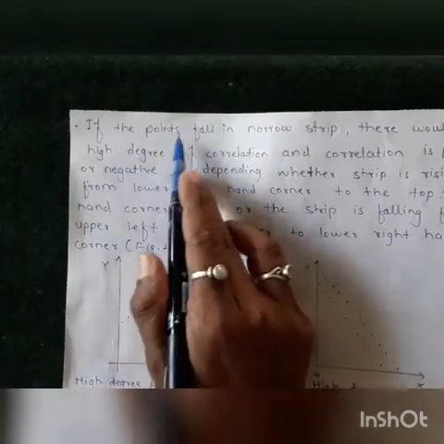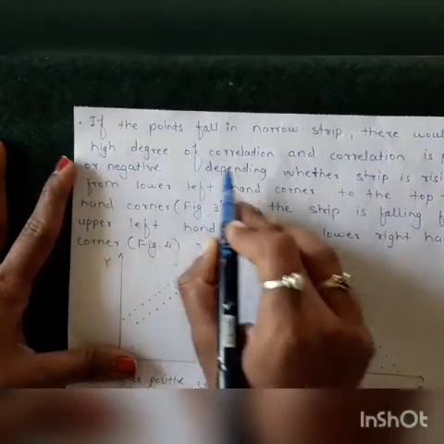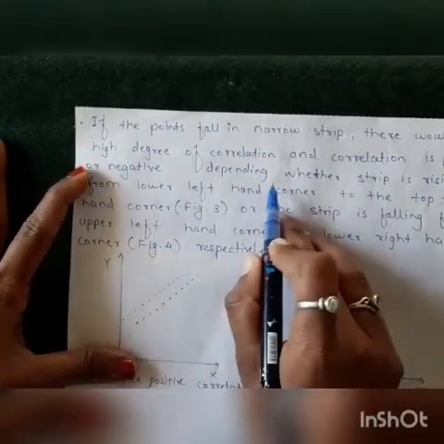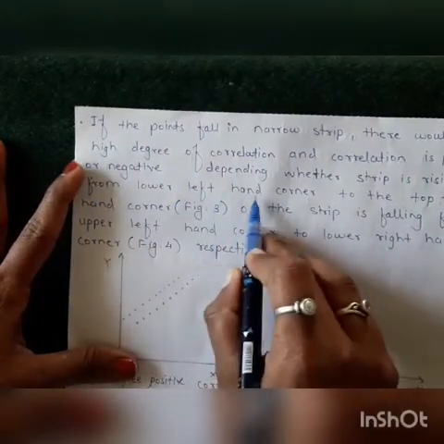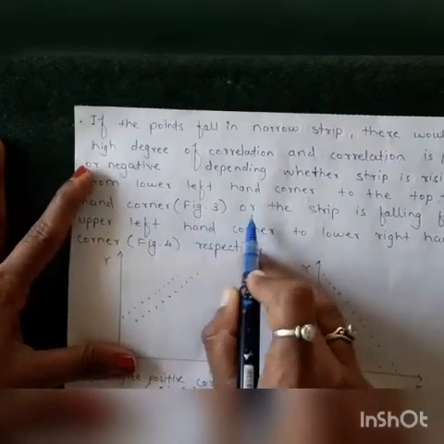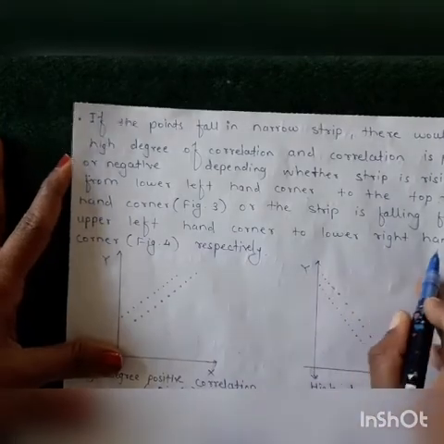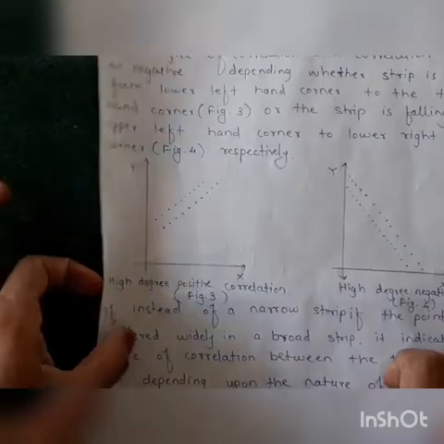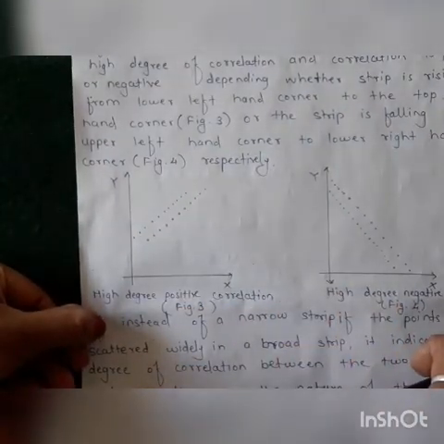Next, if the points fall in a narrow strip, there will be a high degree of correlation, and correlation is positive or negative depending on whether the strip is rising from the lower left hand corner to the top right hand corner, or falling from the upper left hand corner to the lower right hand corner. Figure 3 and figure 4 indicate high degree positive correlation and high degree negative correlation.